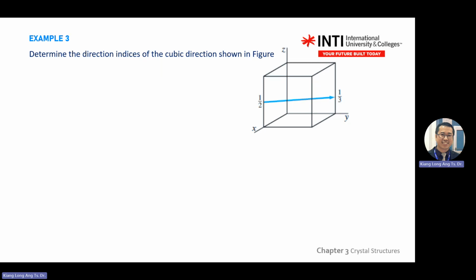It's actually moving from X to X. This is 1, and it's actually changing the Z location from 1 over 2 to 1 over 3. So let me redraw the diagram. If you look at the Z, it's half to 1 over 3 here.